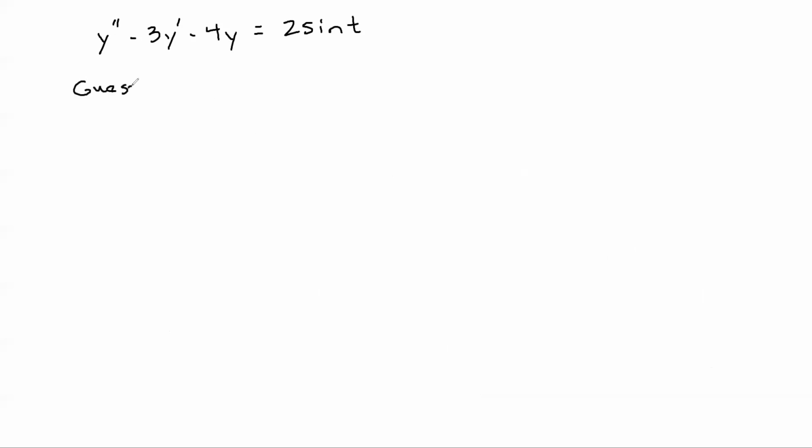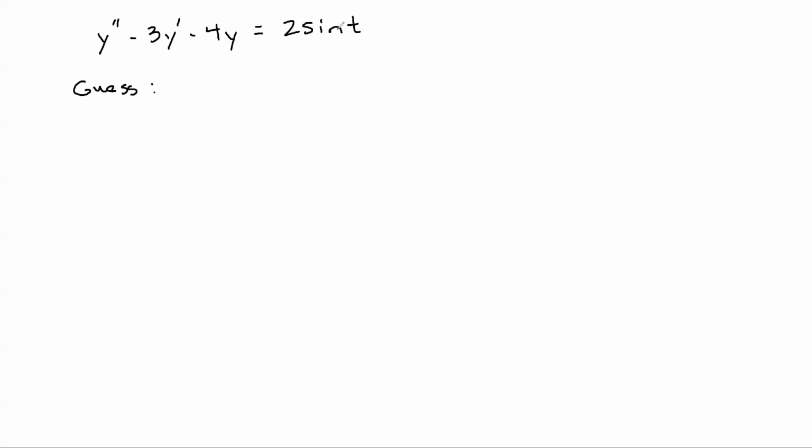All right, so what you want to do is think about it. I'm going to take the second derivative of something, and the derivative of a thing, and combine it with that thing, and I need to get a sine function. So what do you differentiate that gets you sine? Well, the derivative of cosine is negative sine, right? So you could have cosines that you differentiate. What's the second derivative of something that would get you something that looks like sine?